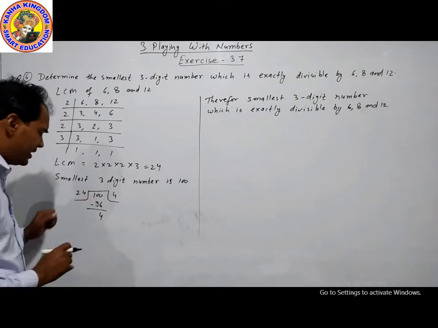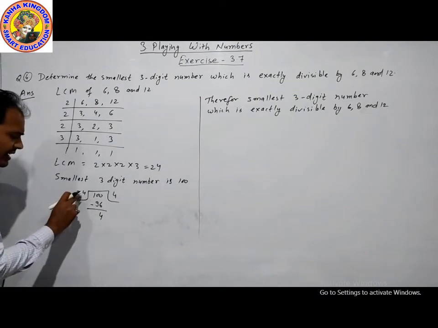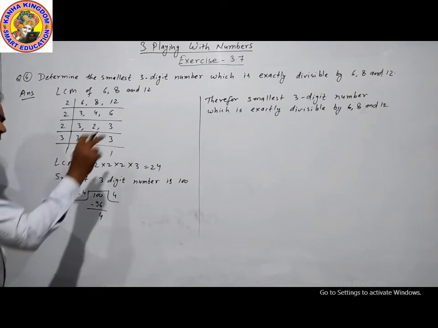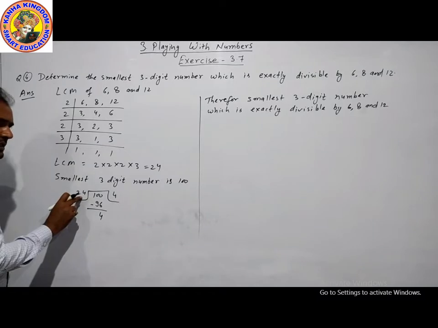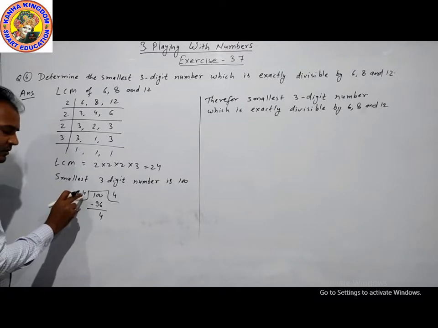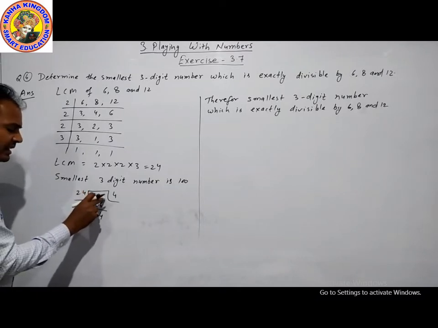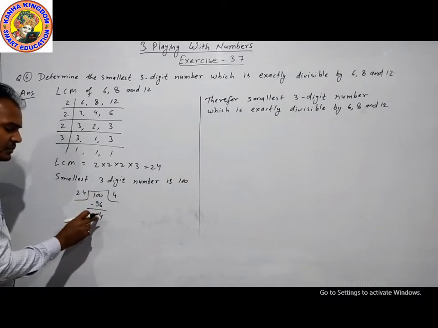Now let's see here. When we divide by 24, we will divide by 6, 8 and 12, the 3 numbers. 24 can divide by 6, 24 can divide by 8, 24 can divide by 12. So 24, when we divide into 100, remainder is 4.